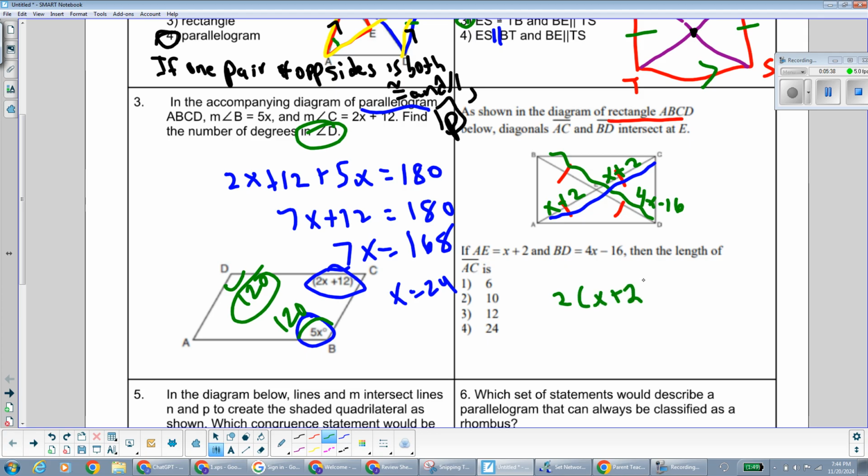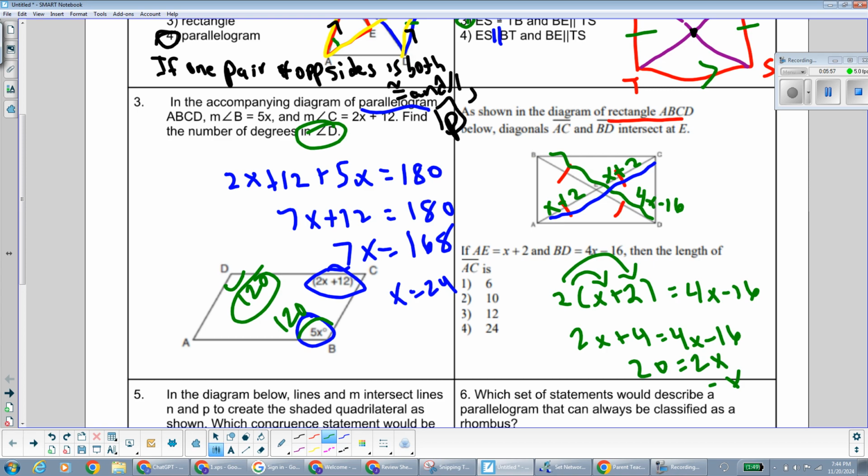So 2x plus 4 is equal to the other diagonal, which is 4x minus 16. And we get x is equal to 10. It is asking us to plug back in for the length of AC. 10 plus 2 is 12, times 2 is 24.